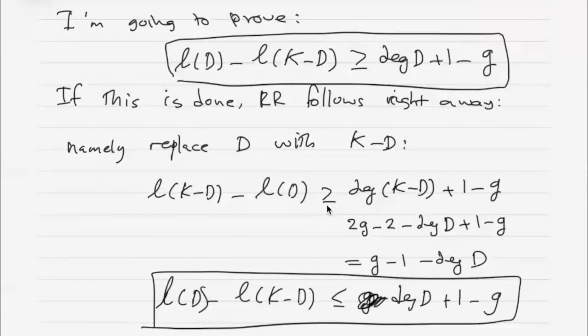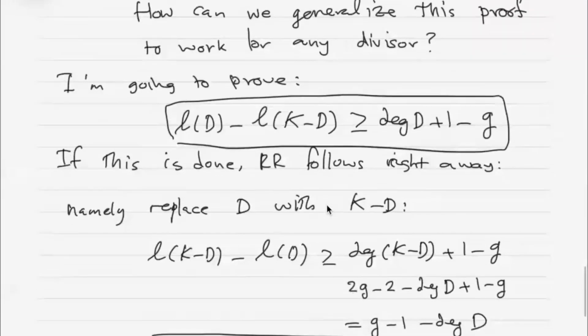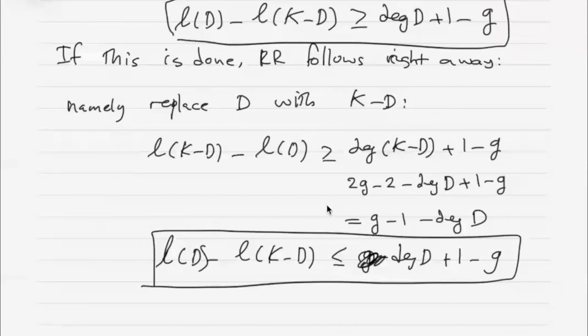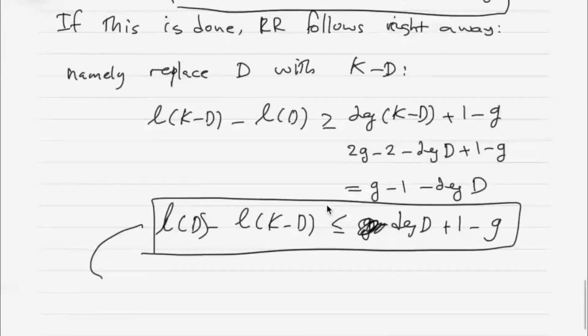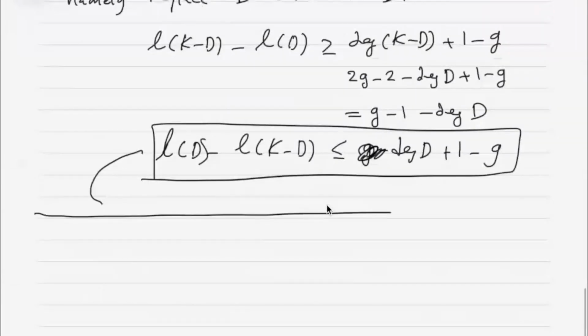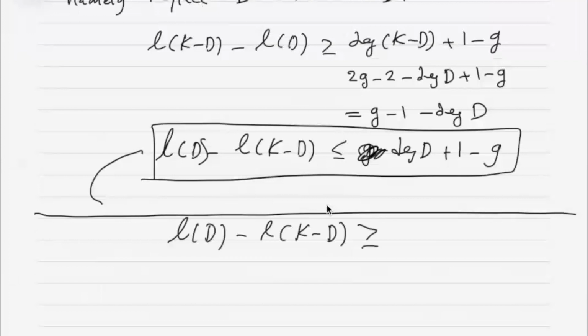So all I need is to show that this inequality holds. Now I have shown for you that this inequality holds for MH. Let me write it one more time here for you. L of d minus L of k minus d is bigger than or equal to degree of d plus 1 minus g.